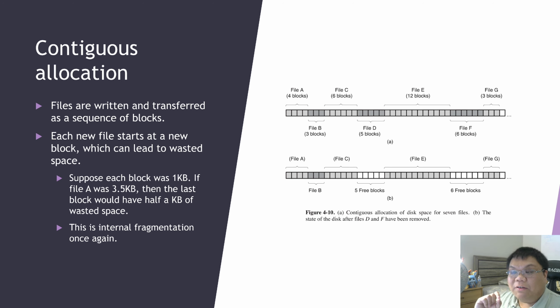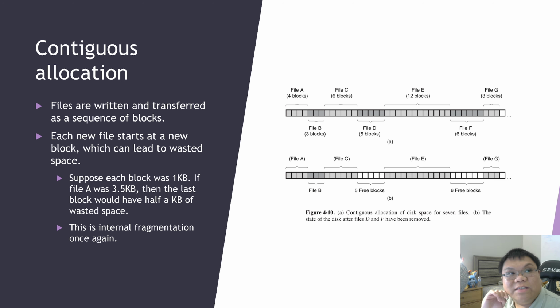This is external fragmentation, and it becomes a problem if you want to store large files, because, if I may borrow a term from our discussion on memory, these are analogous to holes in memory. So, when those holes are too small, you can't fit large files anymore.